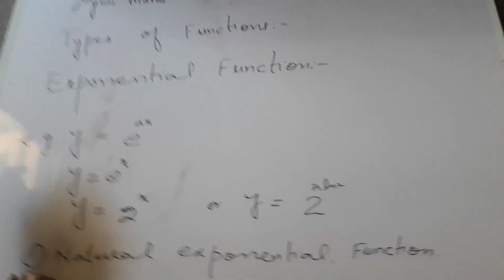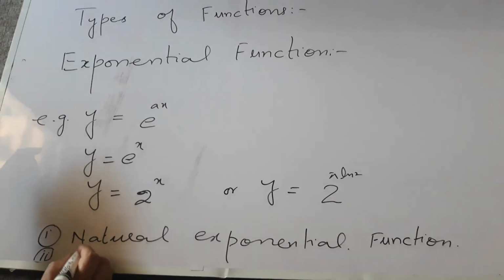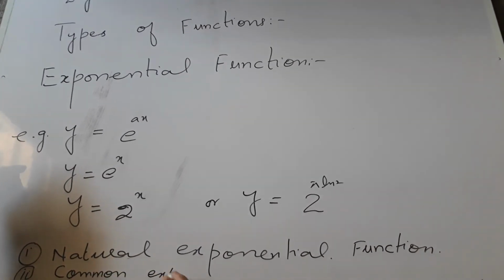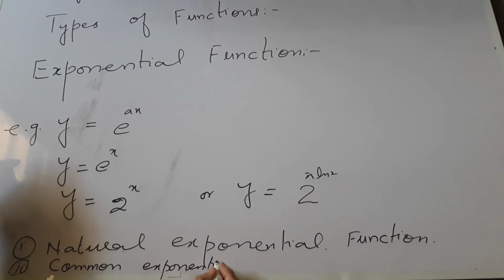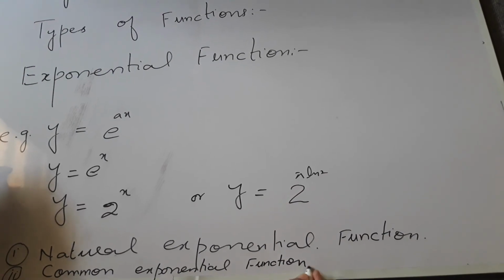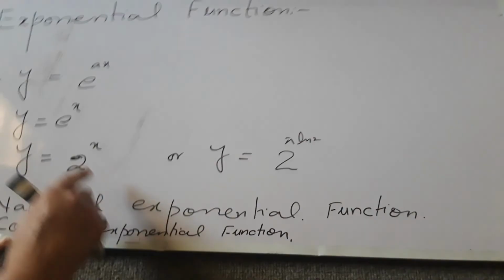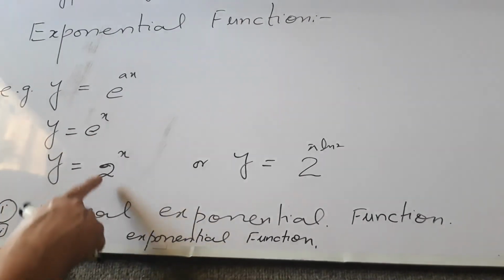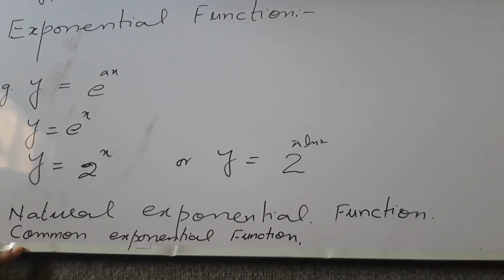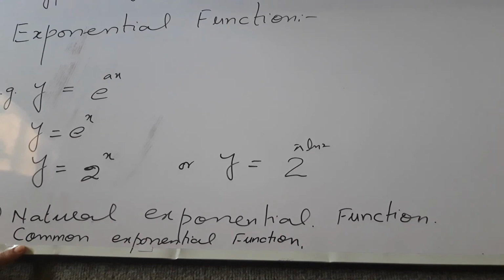And the second type is the common exponential function. When in the exponential function the base is other than e, that is, it may be any constant, then this type of function is called the common exponential function.